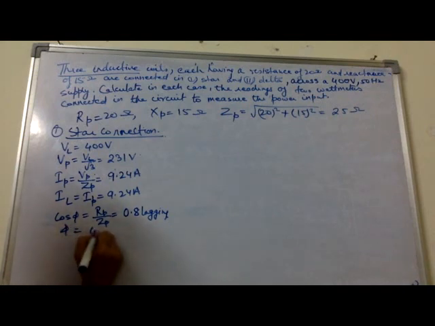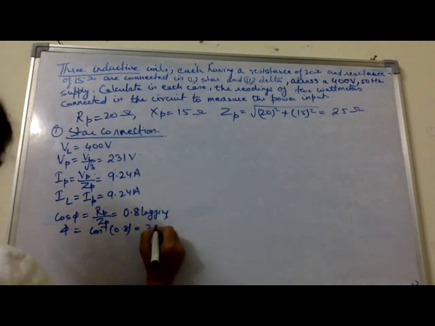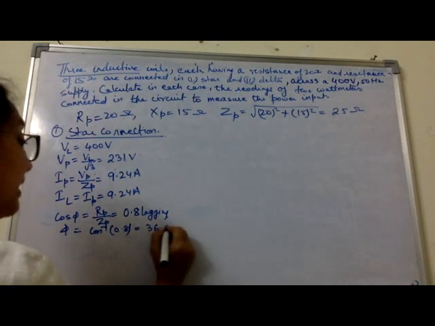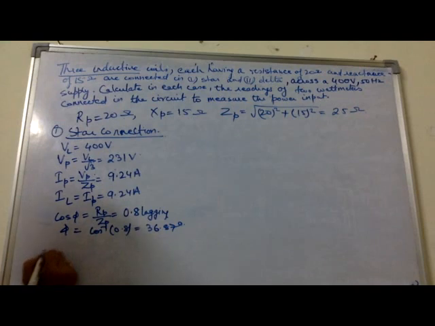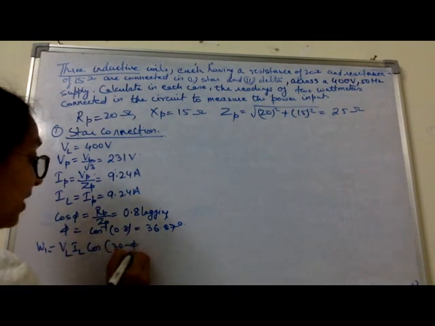Therefore phi will be cos inverse 0.8, which is 36.87 degrees. Now to calculate W1, as we have read just now, it is VL IL cos(30 minus phi).